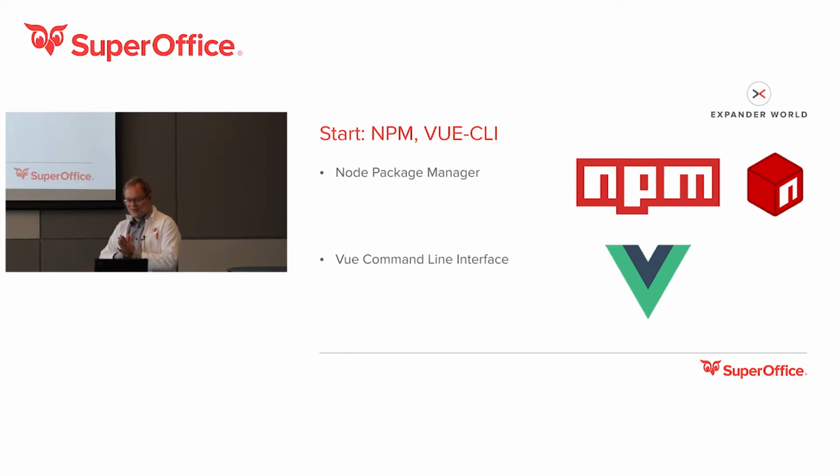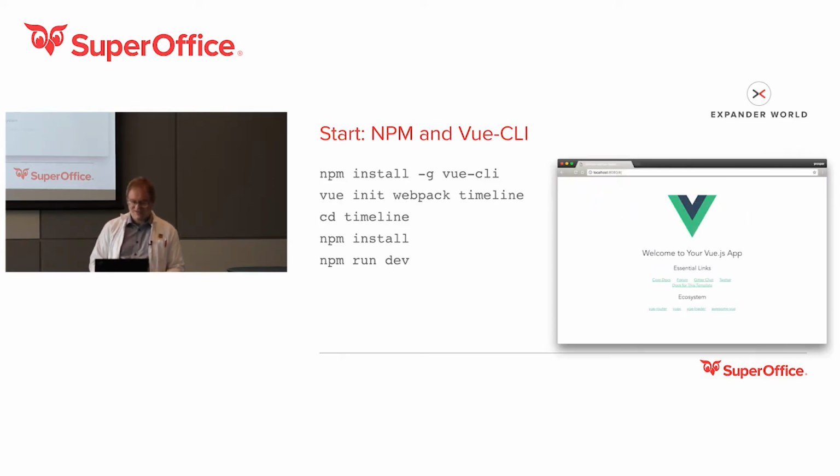So we have Node Package Manager and the Vue command line interface, because nobody starts from scratch anymore. You pull down stuff from the web. So we do a bunch of commands. We say install the command line, run the command line, and create a Webpack-based application for us.